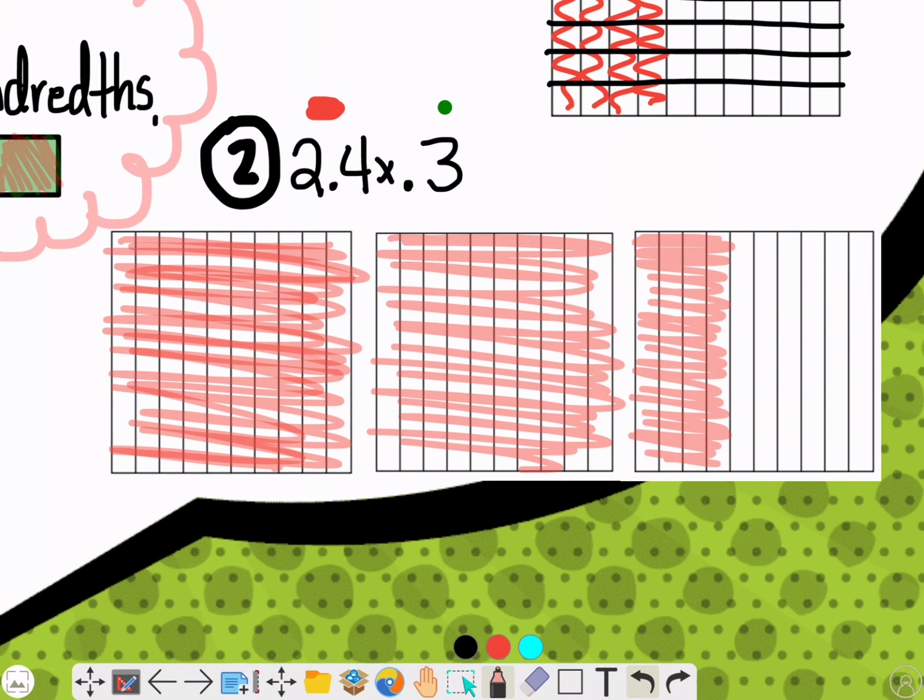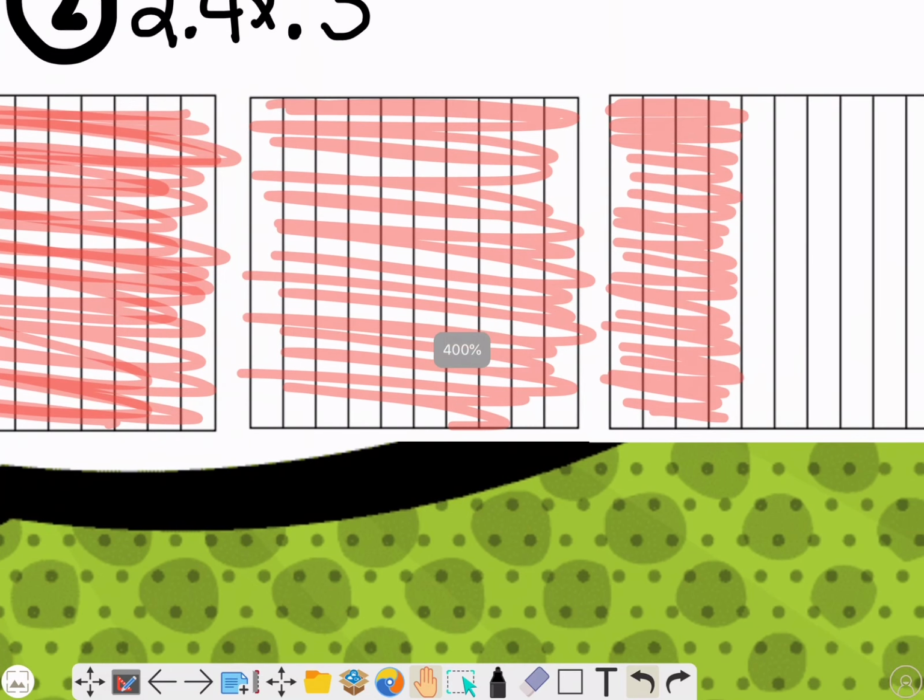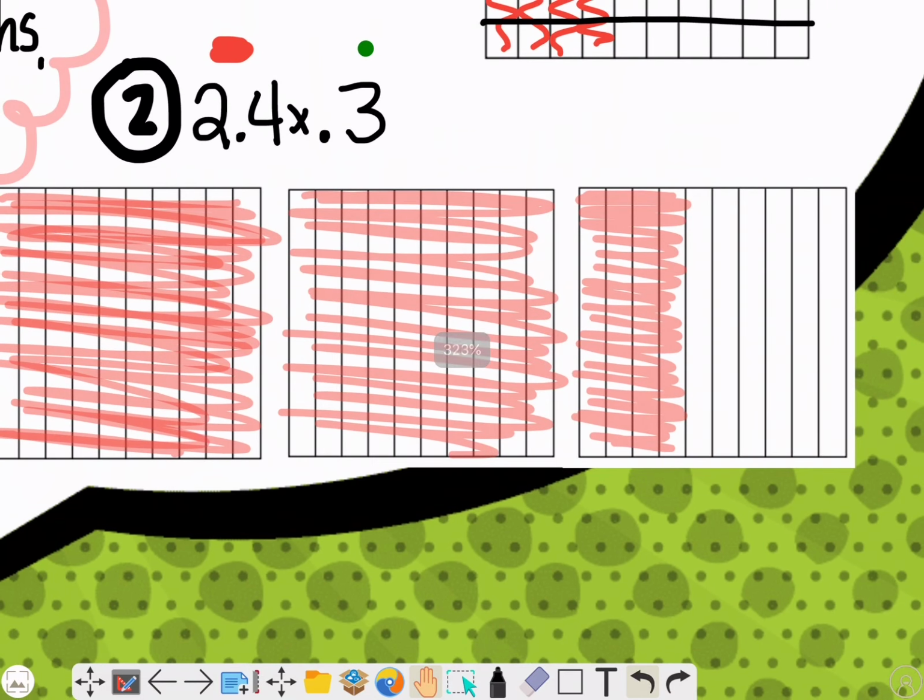Now I need to break all of them into tenths going the other direction, which is lengthwise. So I'm going to do the first one, break it up into halves.